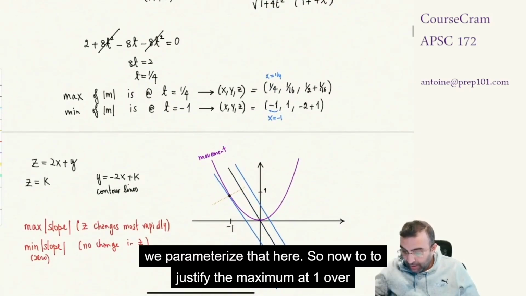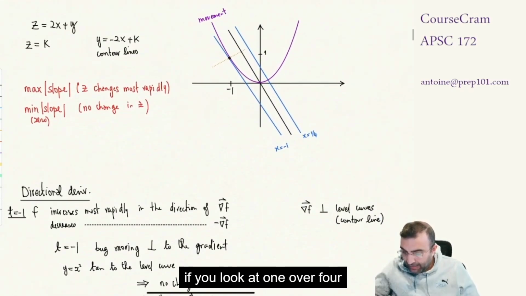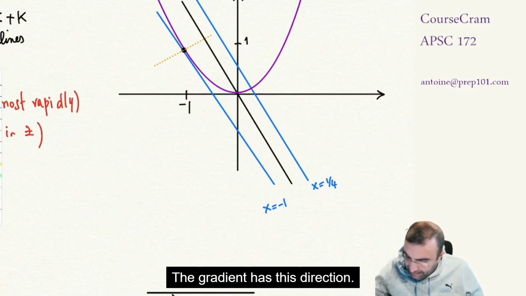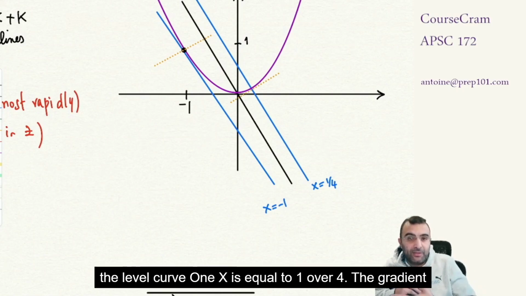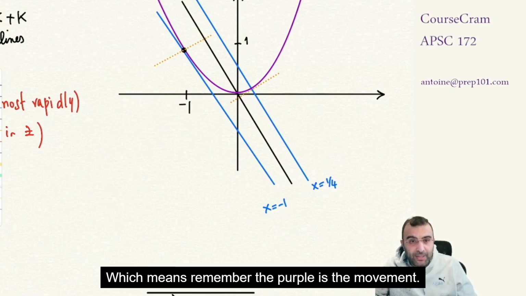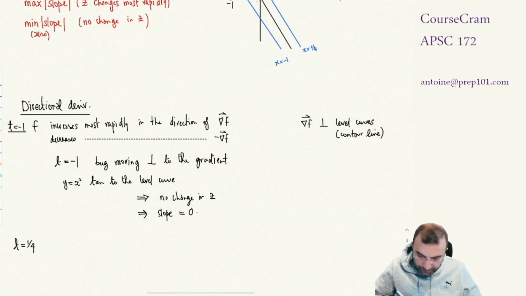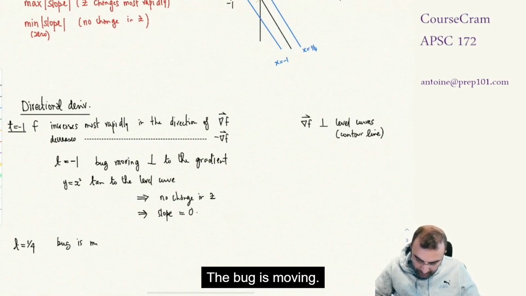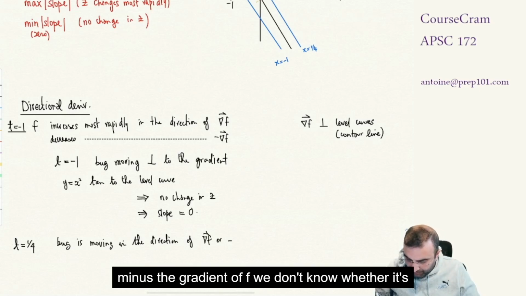So now, to justify the maximum at 1 over 4, if you look at 1 over 4, the gradient has this direction, right? The gradient is perpendicular to the level curve when x is equal to 1 over 4. The gradient is perpendicular to the blue line, to the level curve, which means, remember, the purple is the movement. It means when t is equal to 1 over 4, the bug is moving in the direction of either the gradient of f or minus the gradient of f.